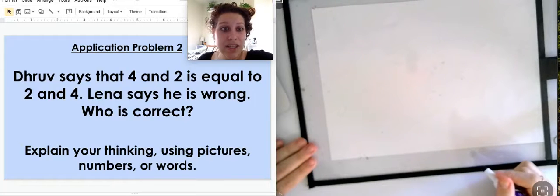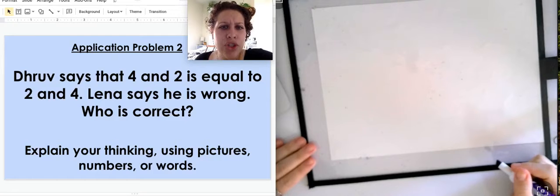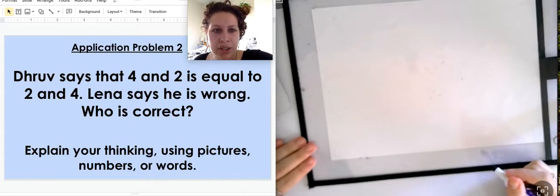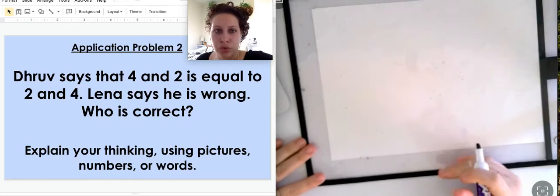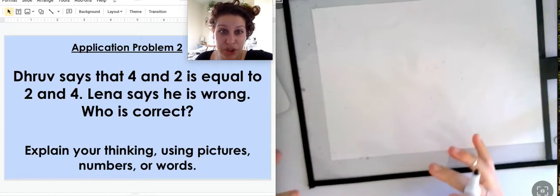This one says, Drew says that 4 and 2 is equal to 2 and 4. Lena says he is wrong. Who is correct? Explain your thinking using pictures, numbers, or words. So I'm going to figure out Drew's thing first.